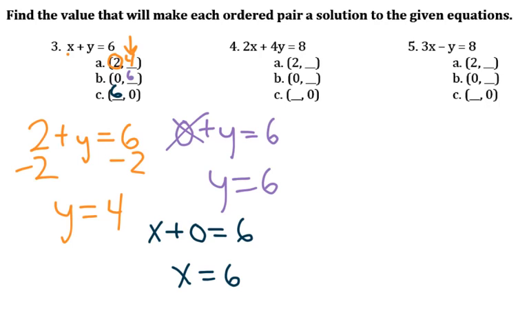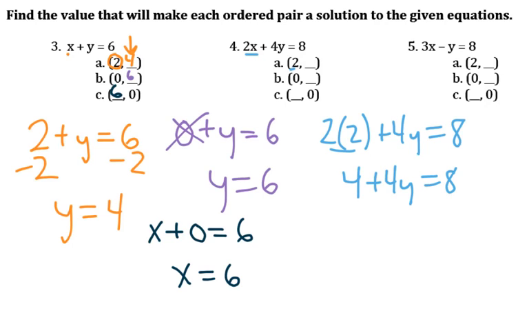Okay, for 4, same idea. 2 in for x, then we solve for y. 2 times 2 is 4, plus 4y equals 8, minus 4. We get 4y equals 4. Divide by 4, y equals 1.